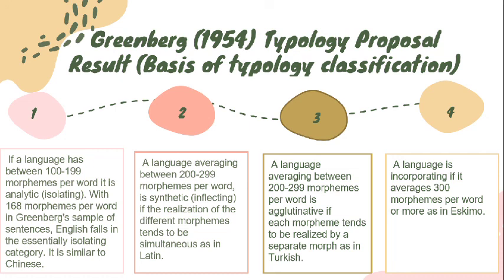The third is a language averaging between 2.00 and 2.99 morphemes per word, which is agglutinative if each morpheme tends to be realized by a separate morph, as in Turkish. And the last is a language that is incorporating if it averages 3.00 morphemes per word or more, as in Eskimo.